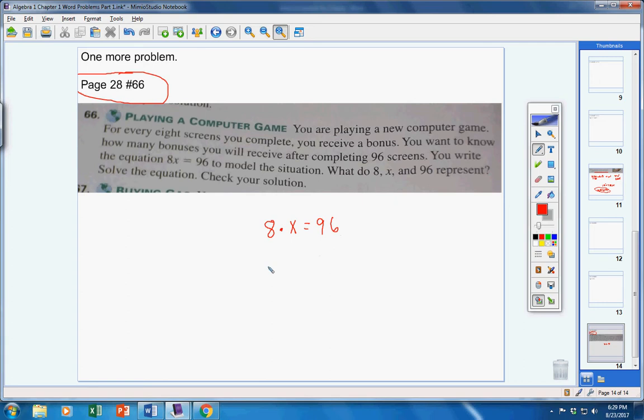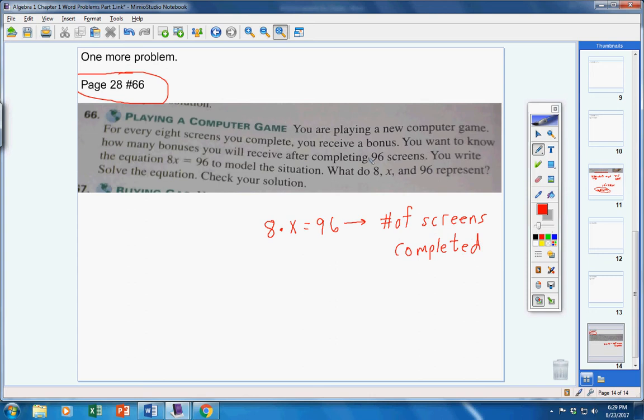Alright, now let's stop and think this through. What does the 8 and the x and the 96 represent? Let's go really slow here. First of all, we know what 96 stands for. You're completing 96 screens. So 96 stands for the number of screens that you've completed. That's pretty simple.